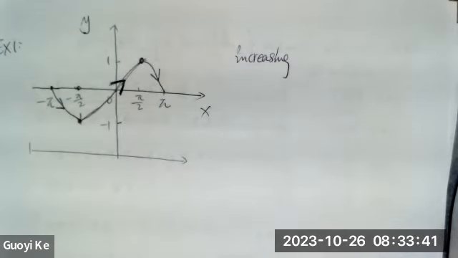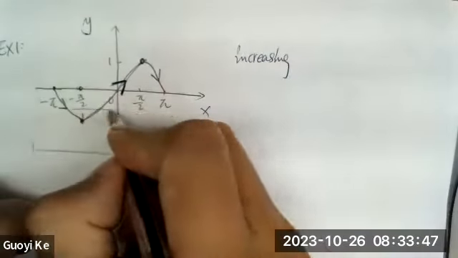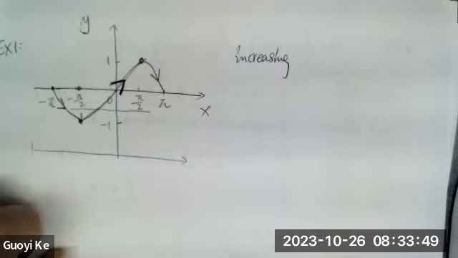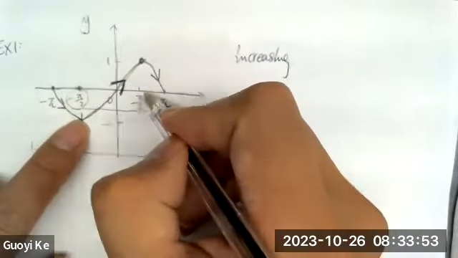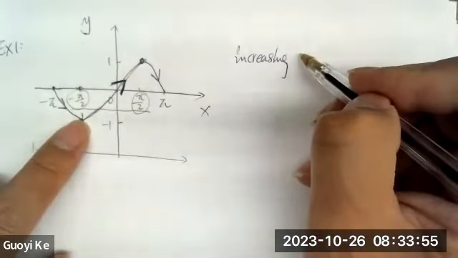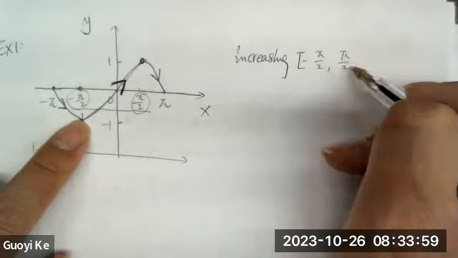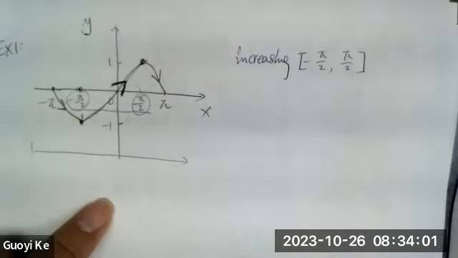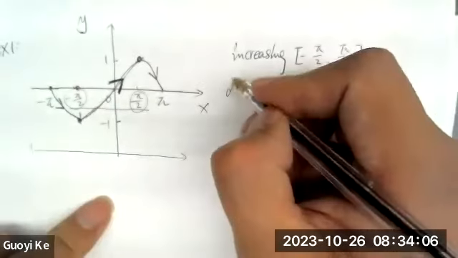So the increasing interval should be about the x value. Be careful, always about the x value. So from negative pi over 2 to pi over 2.